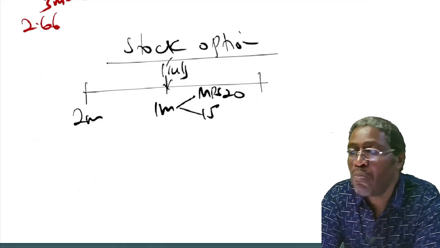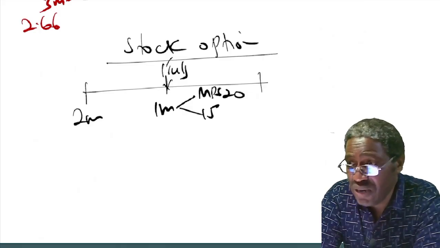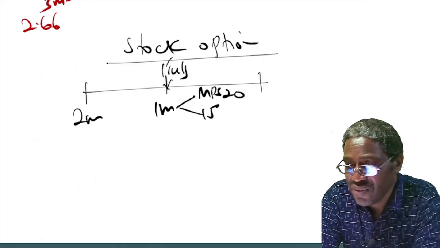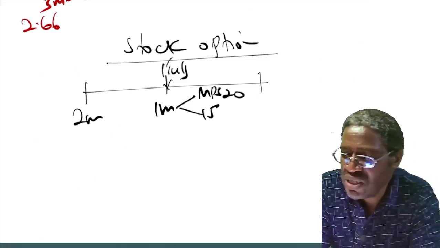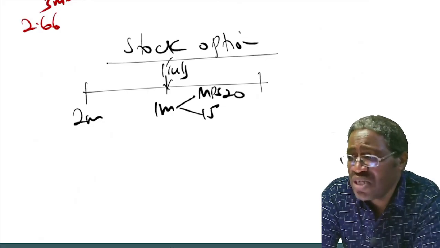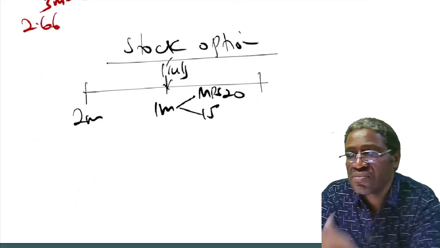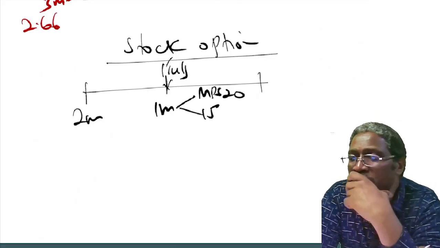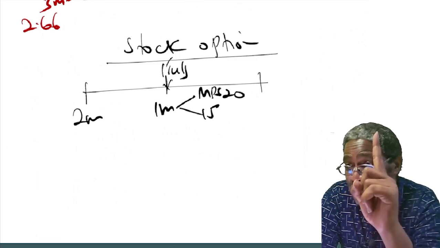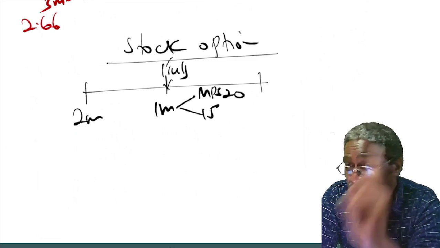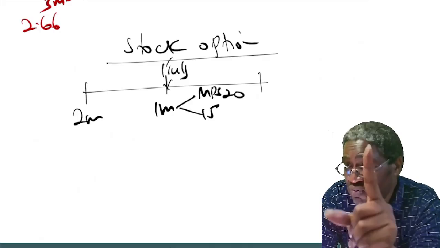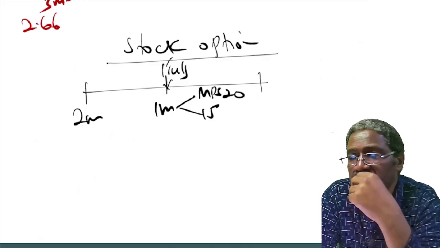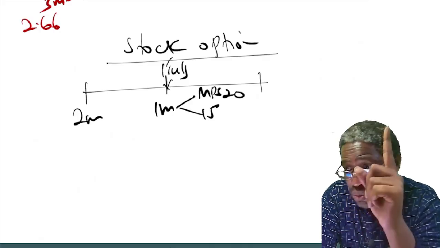How do we compute the weighted average number of shares? Let me just in fact ask you, somebody take 1 minute and calculate for me the weighted average number of shares. We began the year with 2 million. We issued 1 million shares on 1st of July as a result of a stock option.